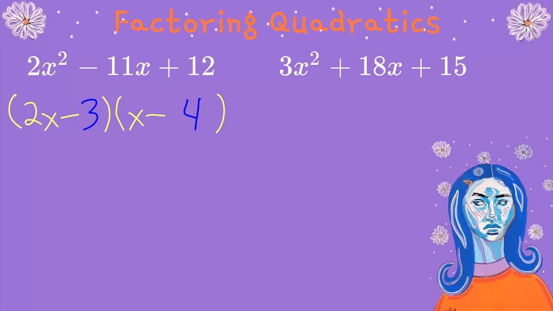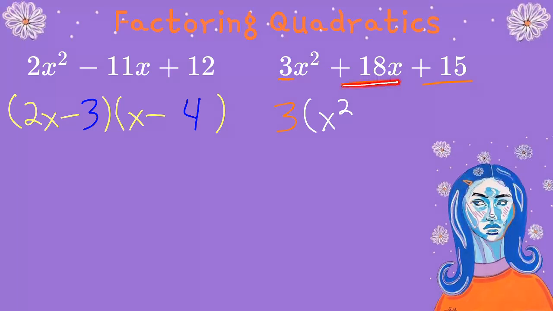The next one, I notice that this 3 can be factored out of each of those terms. So that's going to be the first thing I do. 3 times the quantity. So I divide this by 3, and I'll get x squared.